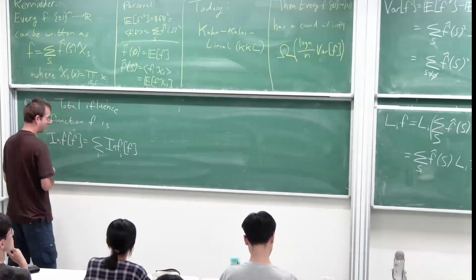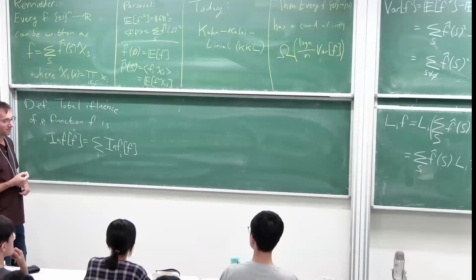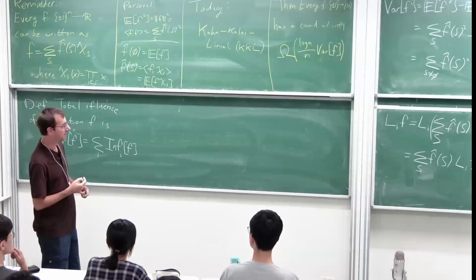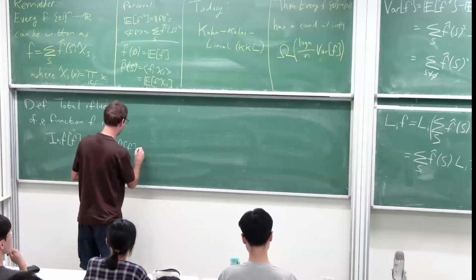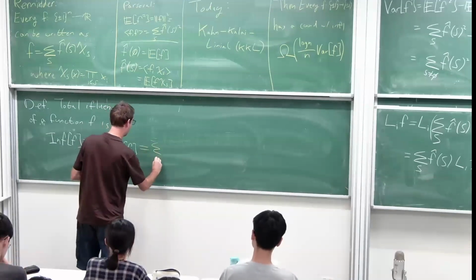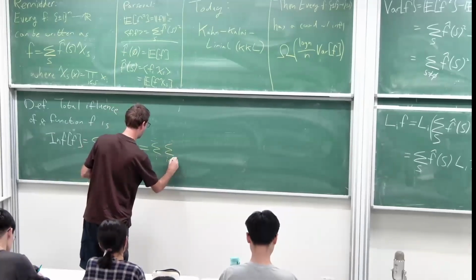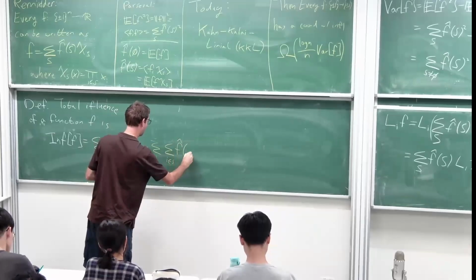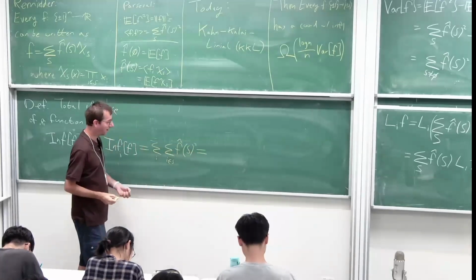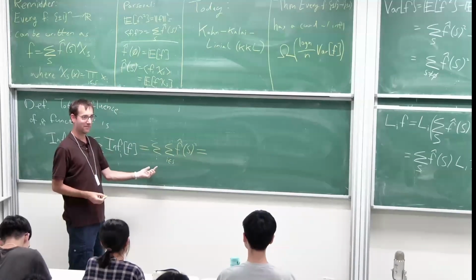Okay, so this is the total influence, and it has a nice formula in terms of the Fourier expansion. This is the sum over all i, the sum over all S containing i of f hat S squared. So if I'm giving you a set S, how many times does it appear in this sum?